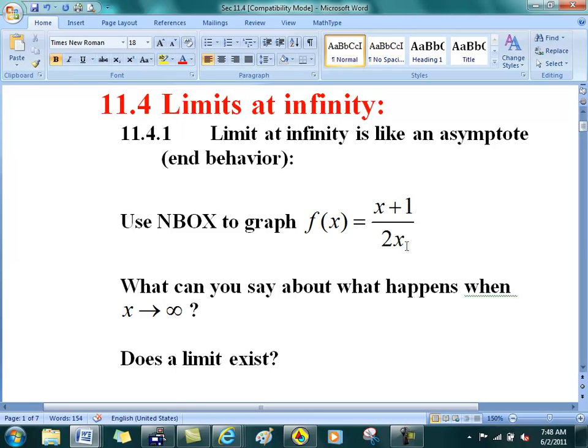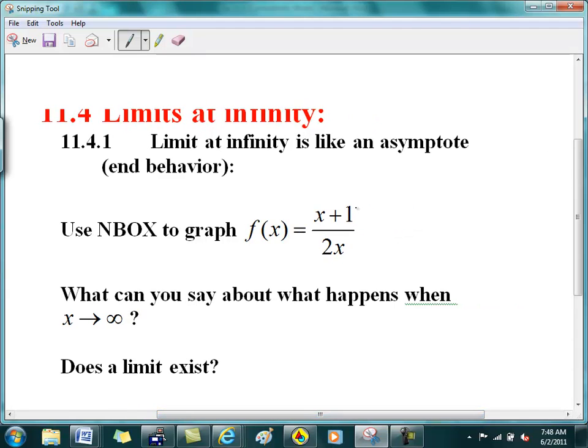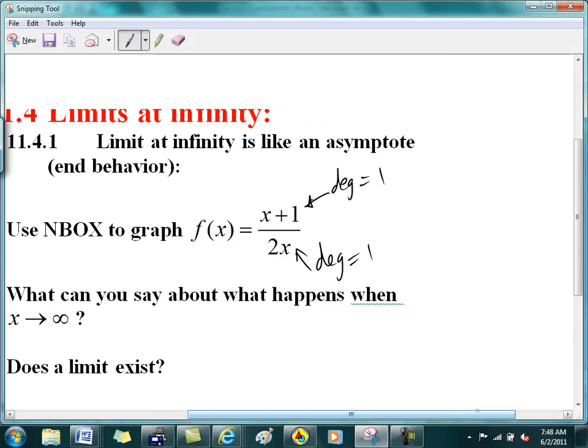If they are both the same, then the limit is the ratio of the coefficients of the leading terms. Let me write this down. The degree of this is equal to 1. The degree of this is also equal to 1. If those two degrees are the same, then the limit is equal to the ratio of the coefficients of the leading term.